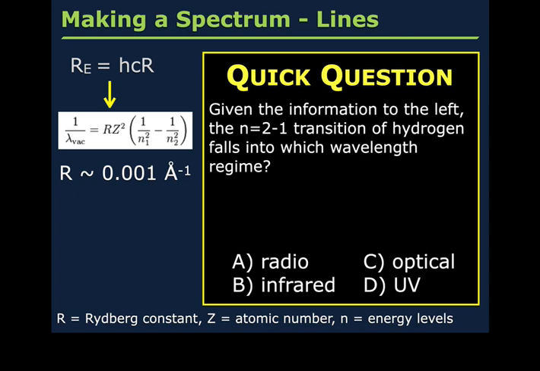Now, an important thing to keep in mind here when you look at the Rydberg equation on the left is to look at the two integer multiples of angular momentum that we treat as energy levels. You'll notice that the lower energy level is always on the left. It's always 1 over the lower energy level squared minus 1 over the higher energy level squared.